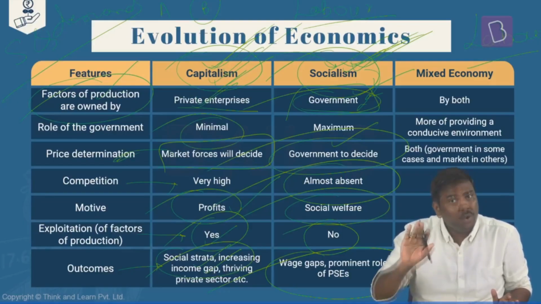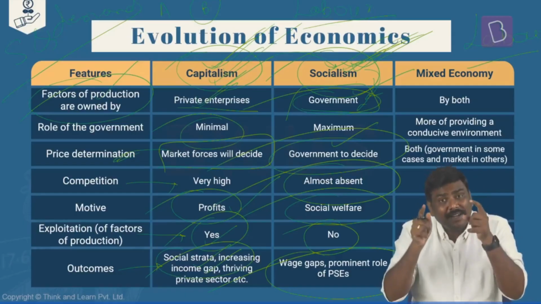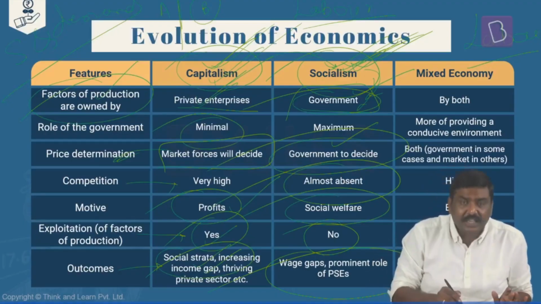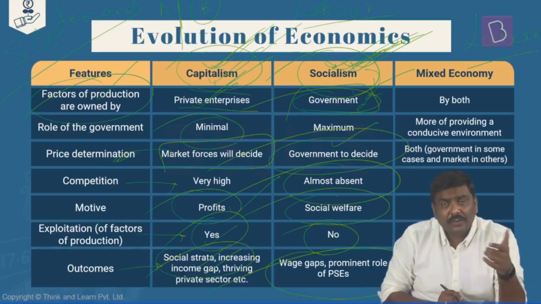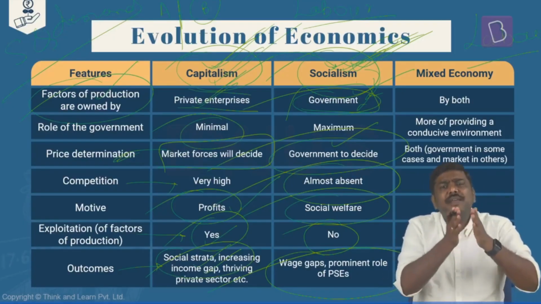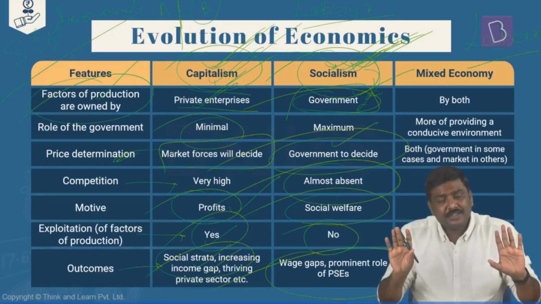No, right? So in case of socialism, income inequality is present, but that is because of the wage gaps which are present. Whereas in case of capitalism, because of investment, because of wages, because of ownership of assets, because of so many other factors, there is income inequality. Have you understood this?